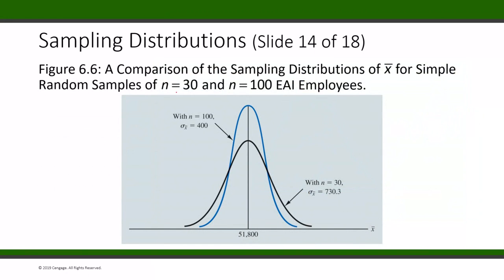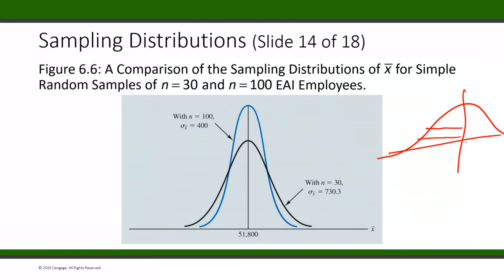Here they're showing if n is 30, we get something like this, but if n becomes 100, the variance becomes smaller. The spread in the graph is just because of the standard deviation.